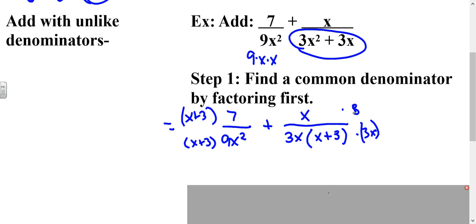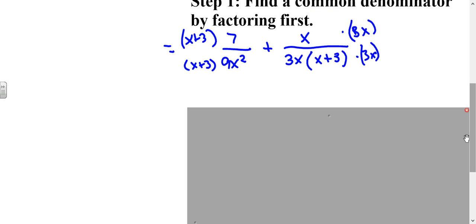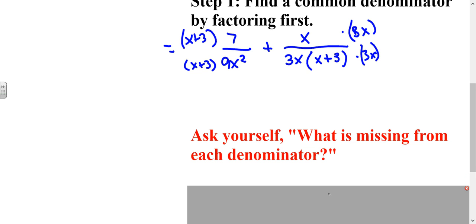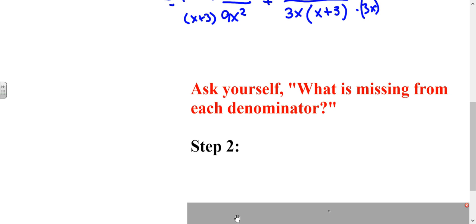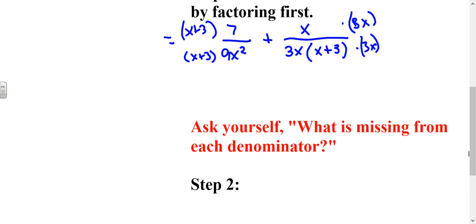Okay, so from here, I found my common denominator. I have 9x squared and I have x plus 3, and this side has 9x squared and x plus 3. So now I can just multiply this out and simplify it, because I asked myself what was missing from each denominator. I got that. So now I have to multiply it out and just see what happens.